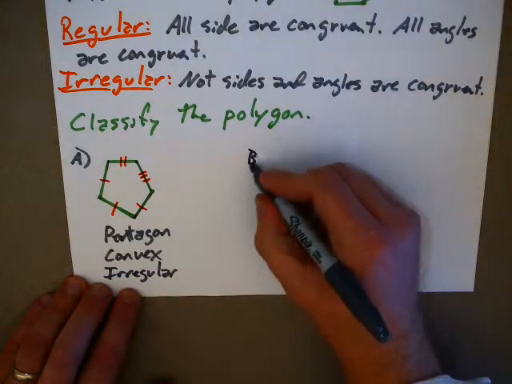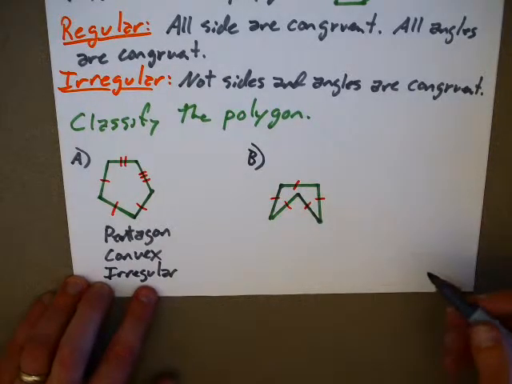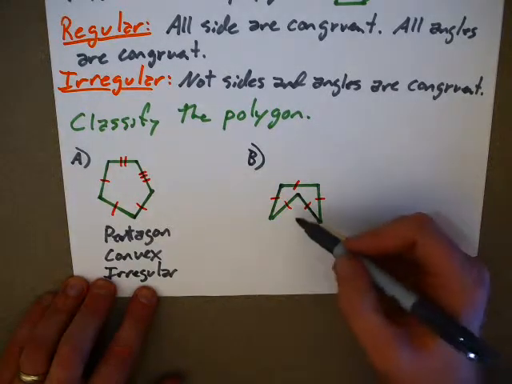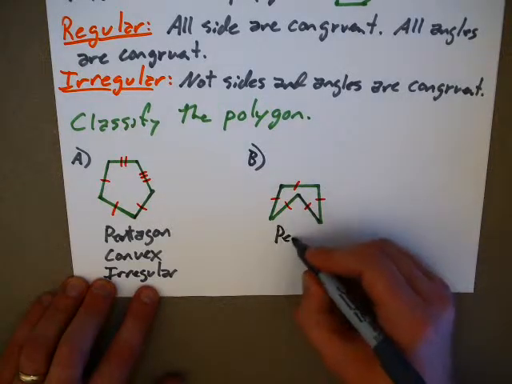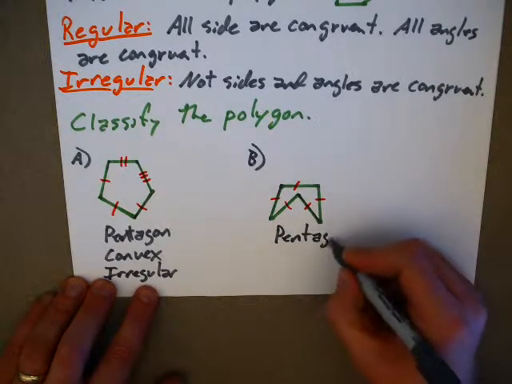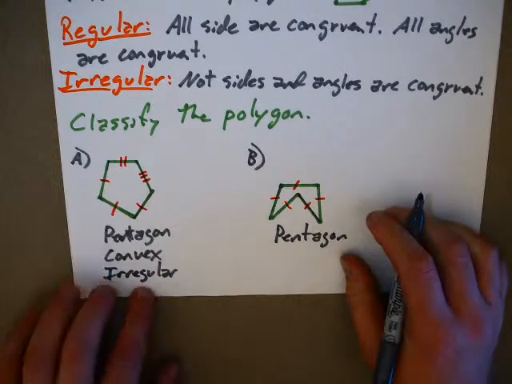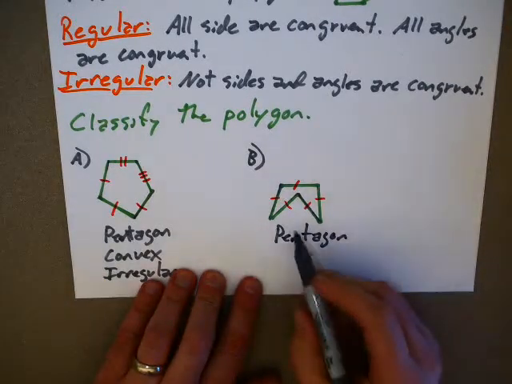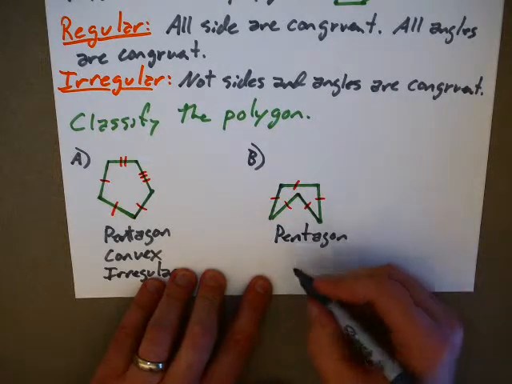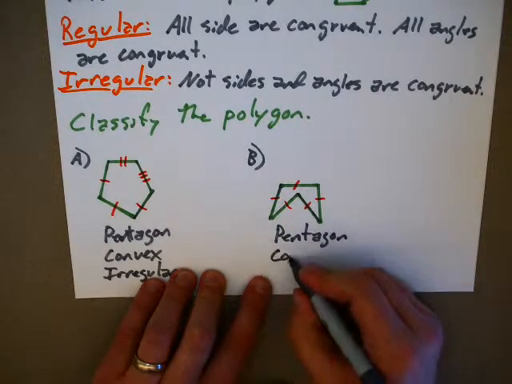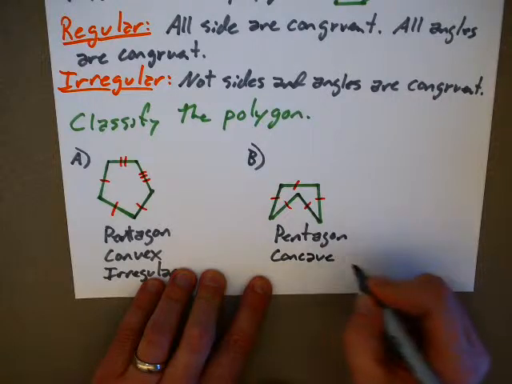Then if I take a look at example B over here, again, I still have 5 sides: 1, 2, 3, 4, 5. So again, this is a pentagon. I see that these two sides are pushing into the interior, so this is a concave pentagon.